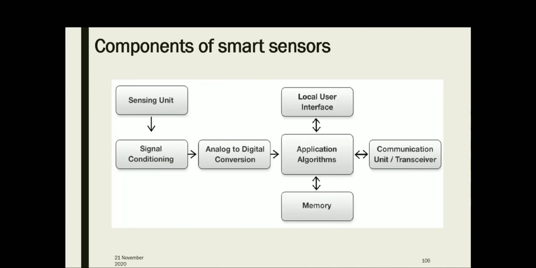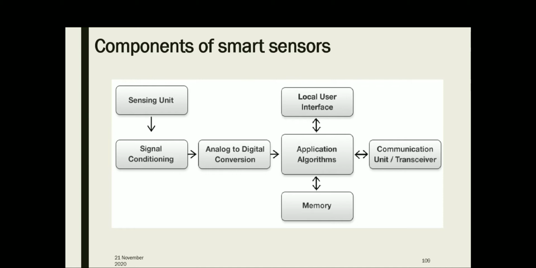Then this is a functional block diagram of a smart sensor. You can see various components in the smart sensor: sensing unit, signal conditioning, then analog to digital conversion, application algorithm.